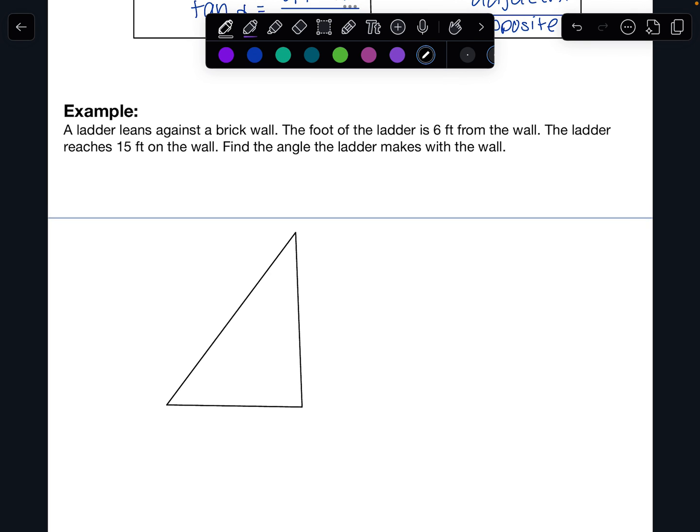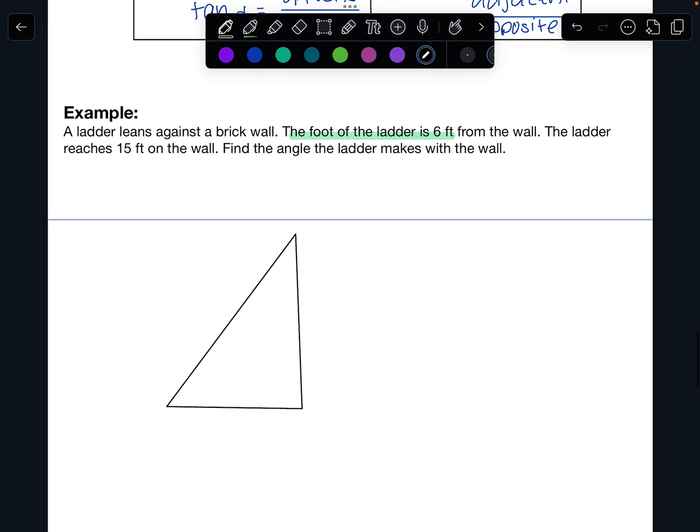So it says the foot of the ladder is 6 feet from the wall. So that means we have 6 feet here. The ladder reaches 15 feet on the wall. So that means this is 15 feet here.